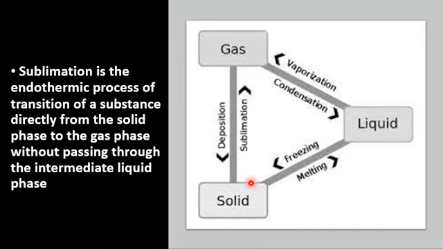Freezing is applied for making ice in a refrigerator. If a liquid is vaporized and converted into a gaseous phase, this is known as vaporization. If a gaseous phase is converted into a liquid, this process is known as condensation.